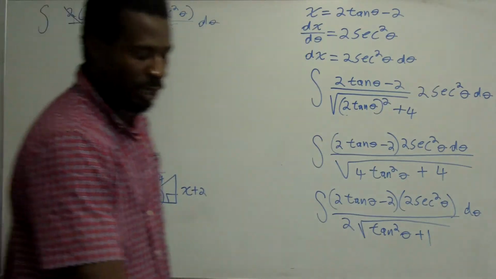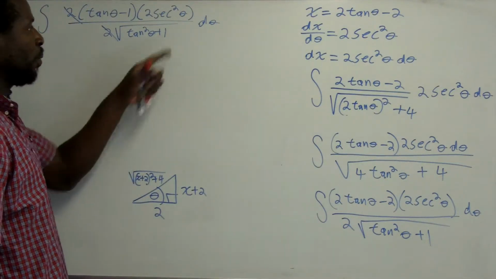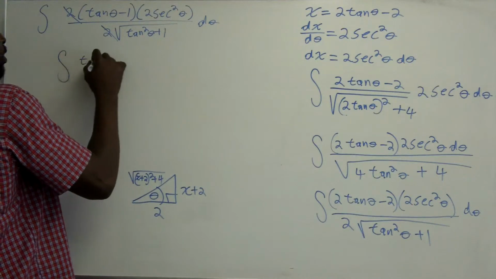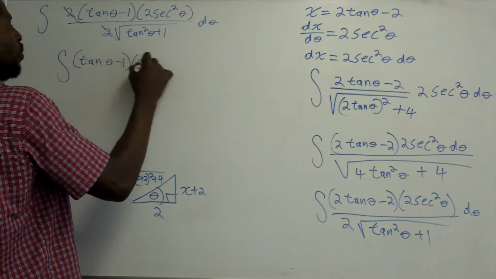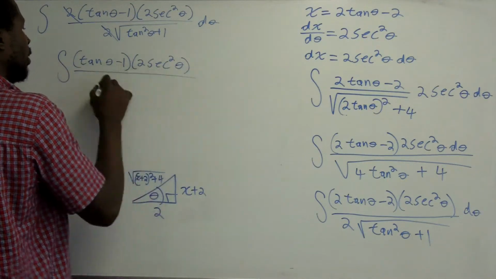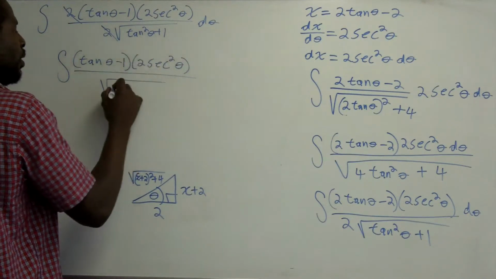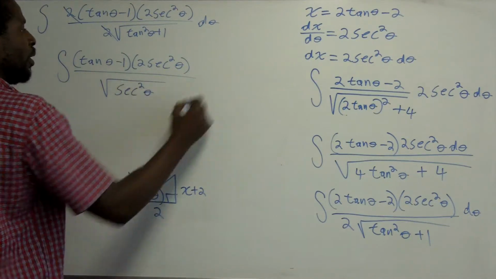And actually, by the Pythagorean identity, the tangent squared of theta plus 1 is the secant squared of theta. So I get the integral of the tangent of theta minus 1 times 2 secant squared of theta over the square root of the secant squared of theta, d theta.